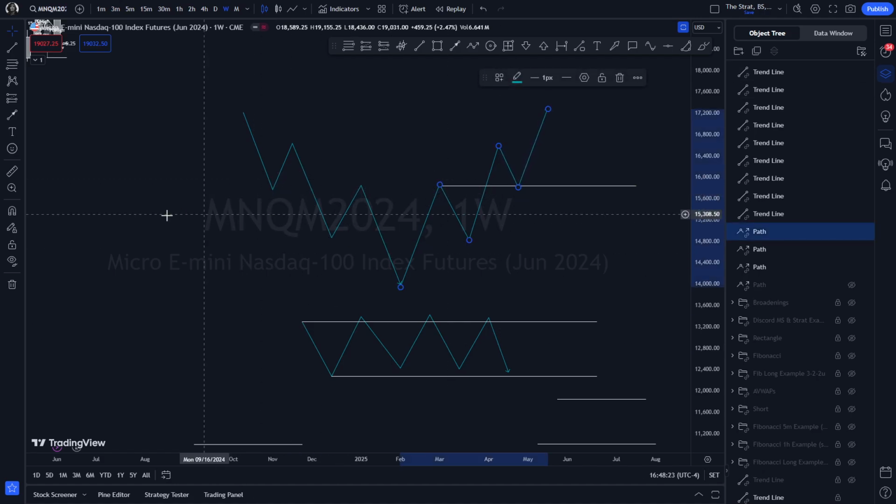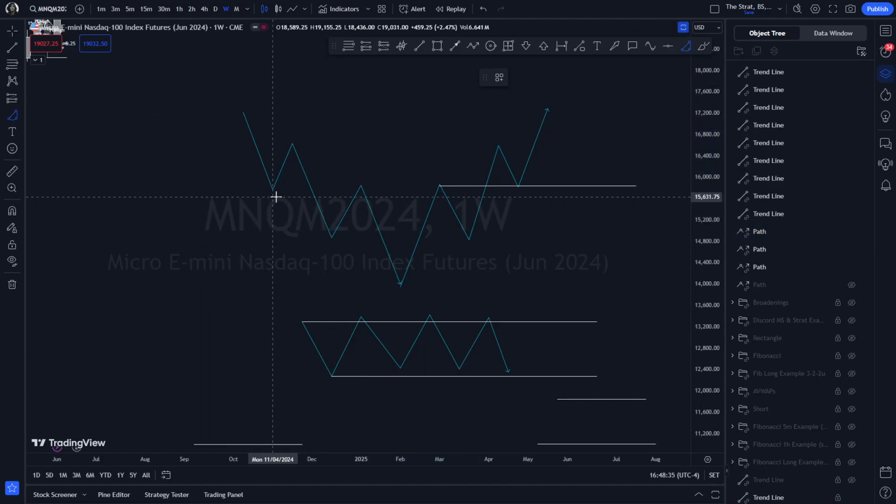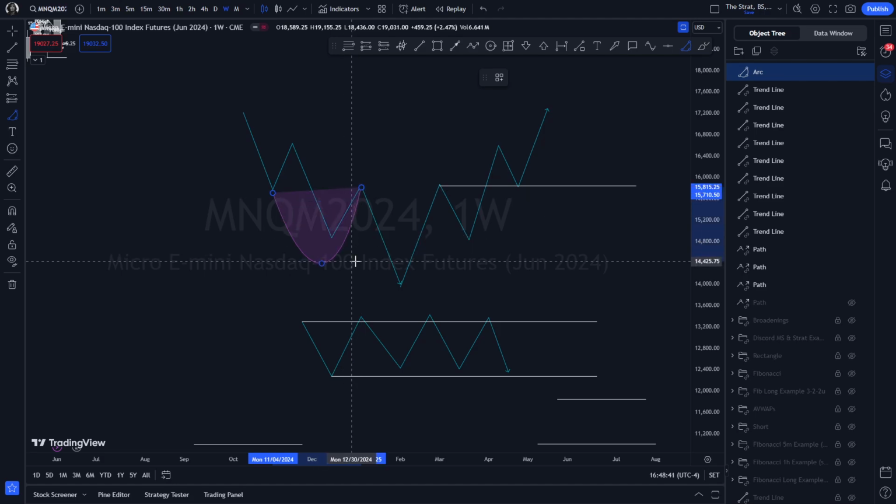Yeah, so let's say it came back and then you have your continuation. And this is why the whole head and shoulders thing works out into play with how traders do their thing, right?